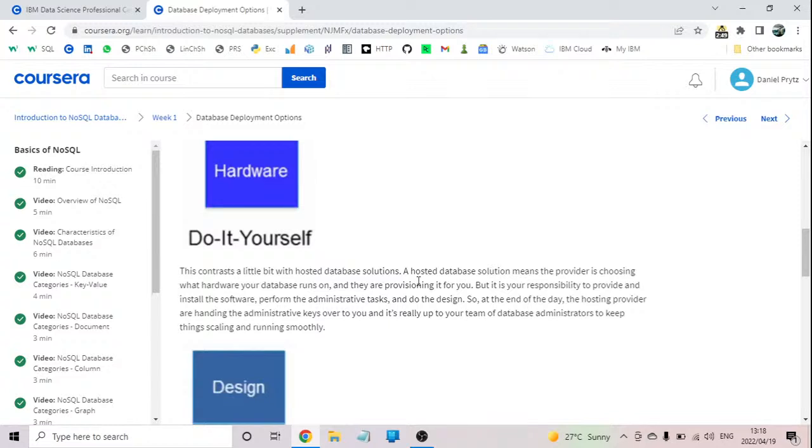Okay, so for a hosted database deployment, your hosted database platform chooses the hardware for your database.